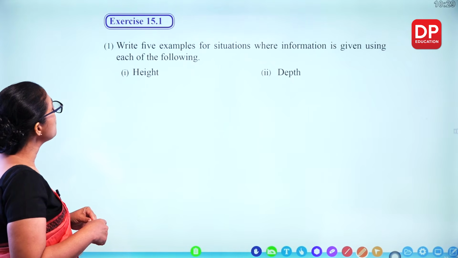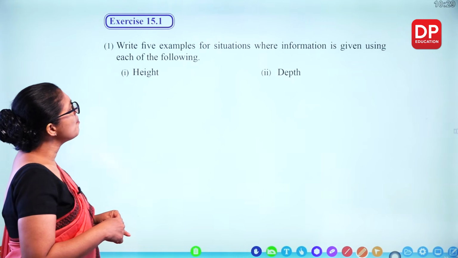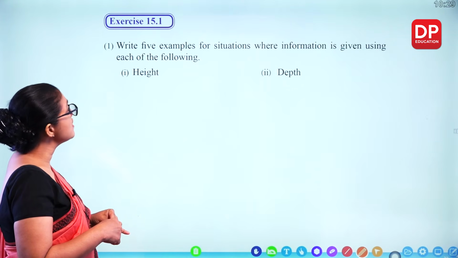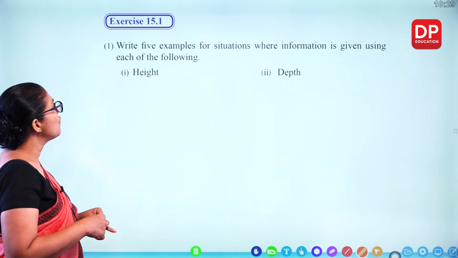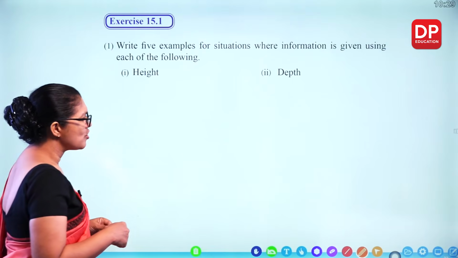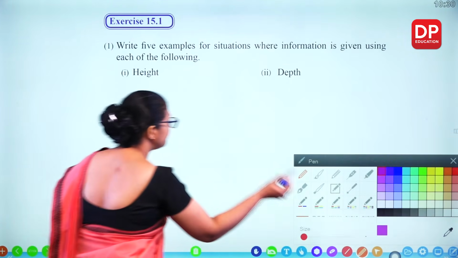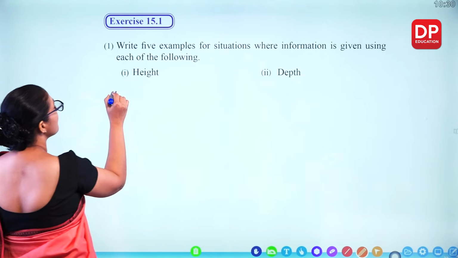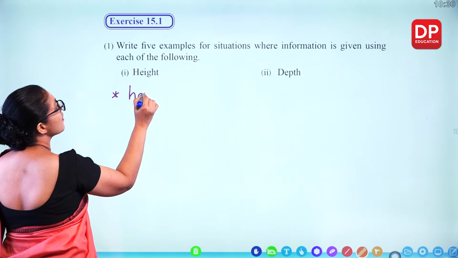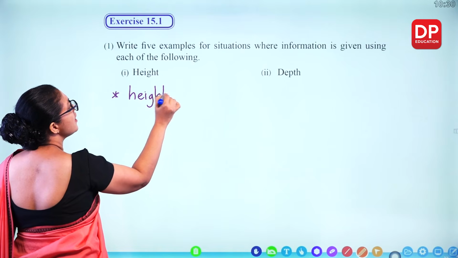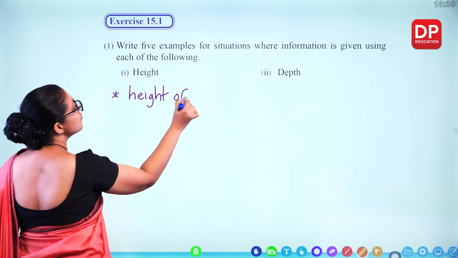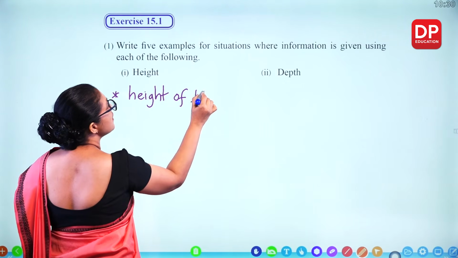Now we'll look at the exercises and examples in your textbook. Exercise 15.1. Write 5 examples for situations where information is given using each of the following. Where you measure height: height of a person. Height of Kevin.